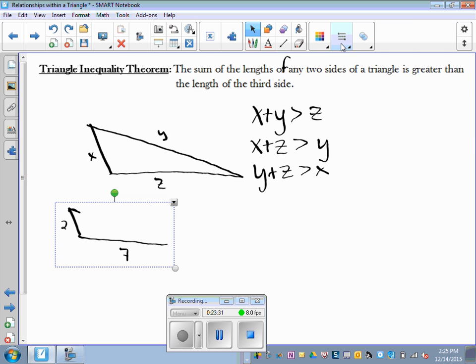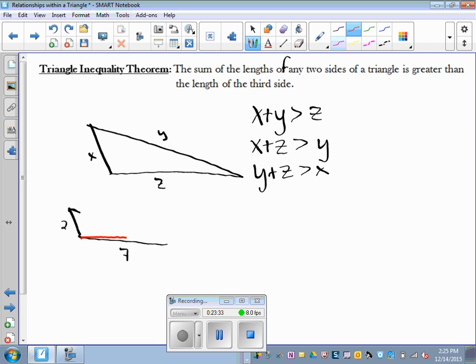I can take this length here, and I can move that around to meet my other side, but then that triangle that it creates is not length 7 there. So those two sides have to add up to be greater than this in order to create that triangle.